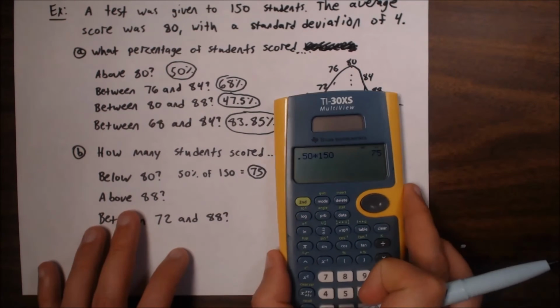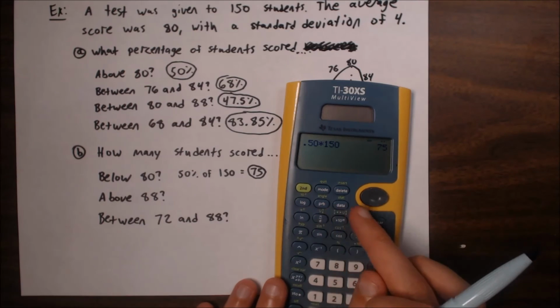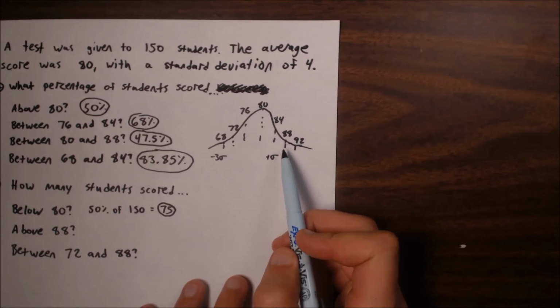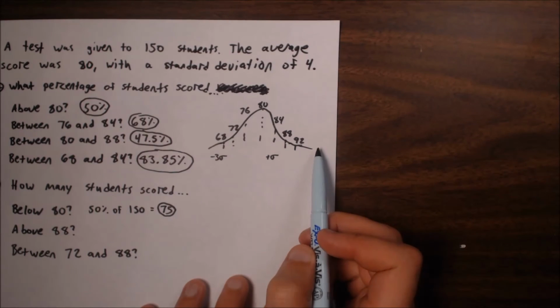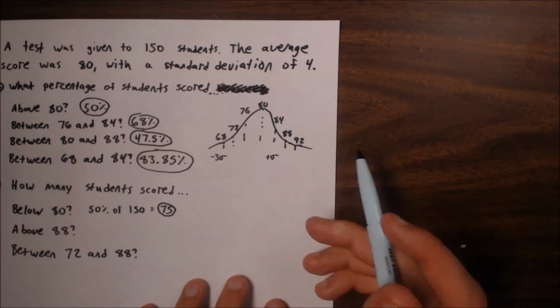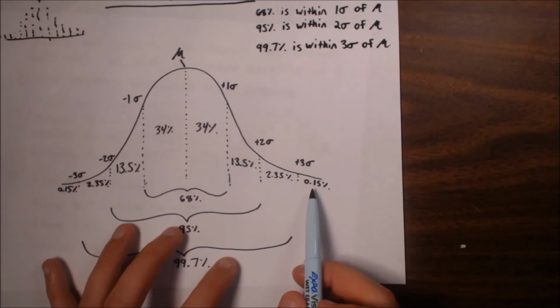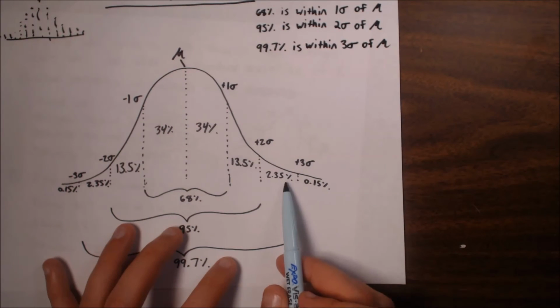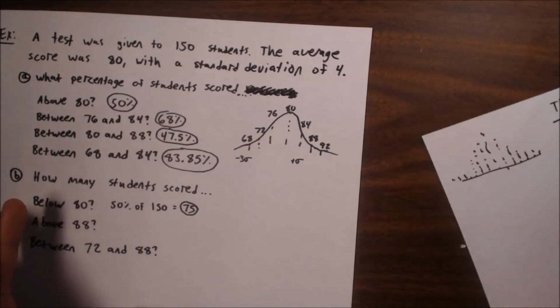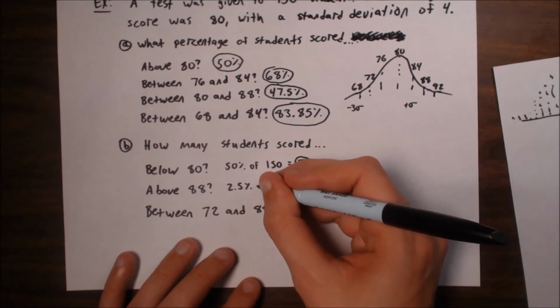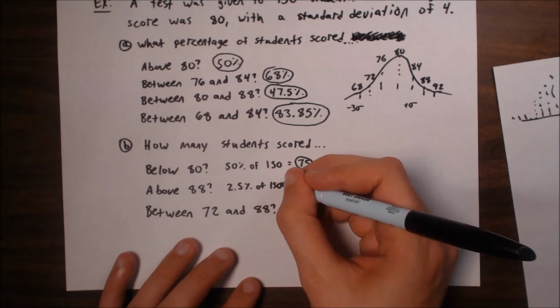All right, above 88. All right, so above 88. That means from here to the right. So I need to figure out this percentage first. I need to do 2.35 plus 0.15. That's going to add up to 2.5%. So it's 2.5% of 150.